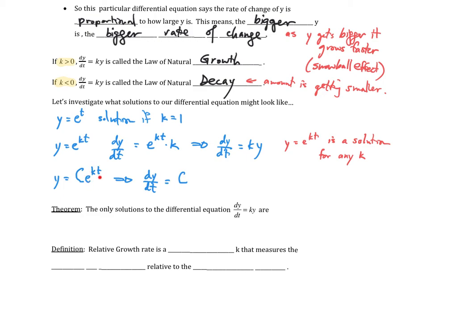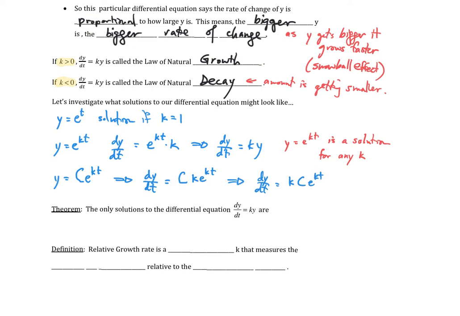Well, I already did that. The derivative of e to the kt was right here. That's k times e to the kt. So I can just write that down again. This gives me k times e to the kt. And if I simply manipulate this a little bit, you can see that dy dt is equal to k times c e to the kt.